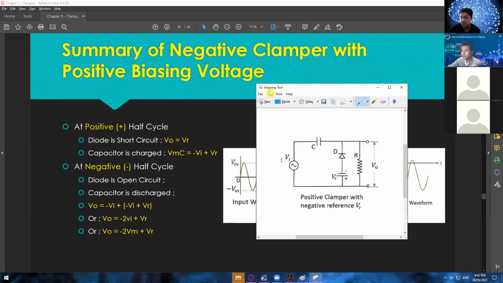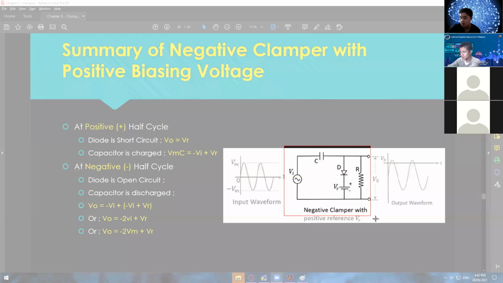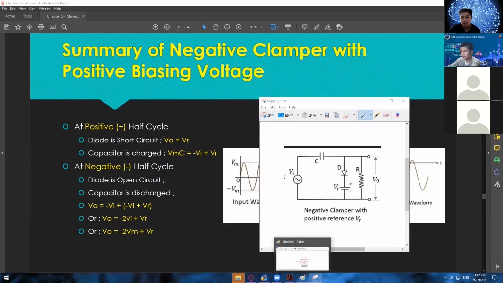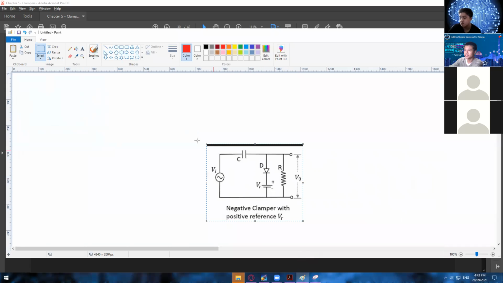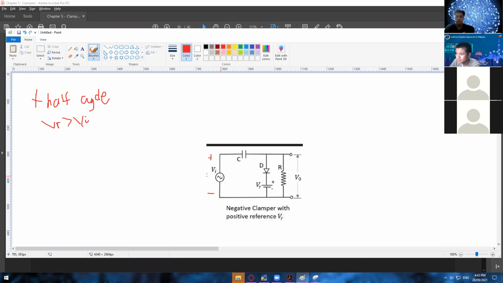So let's discuss this one again on what's happening during the positive half cycle. So we have here positive to negative, and then positive, negative right here. So initially, VR is of course greater than Vi, since this is an AC voltage.